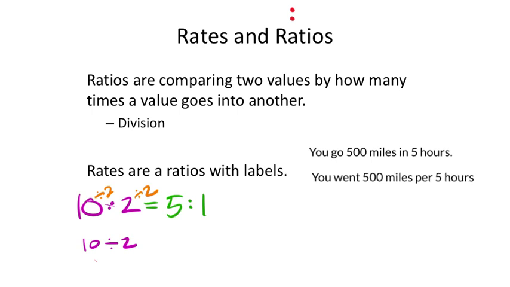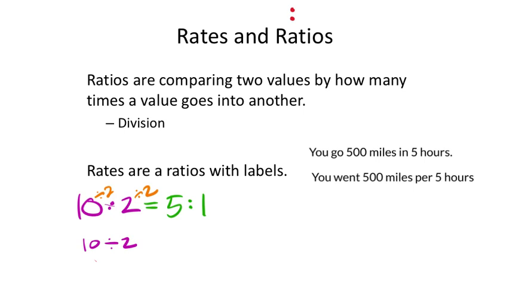Now that's not really what I would consider proper English or even math language for that matter, but I don't care because I'm just trying to emphasize the point. You see, now we have labels on these. Miles and hours. We're comparing two numbers, 500 and 5, but they now have labels. That's it.